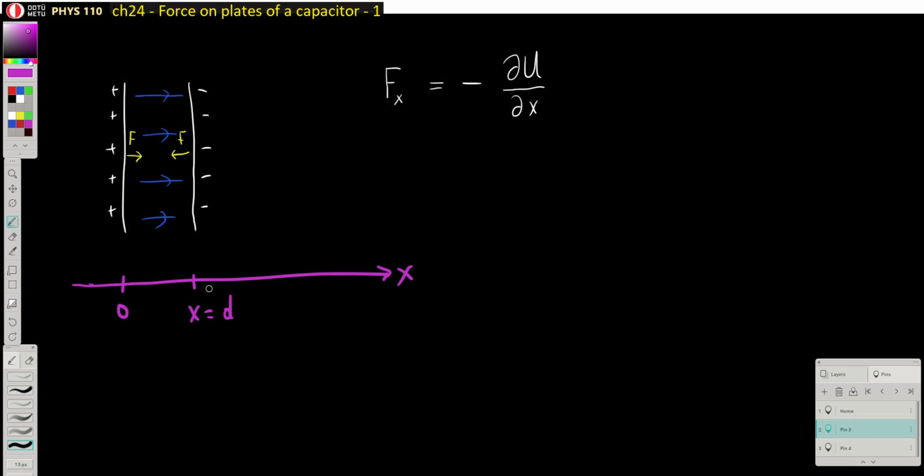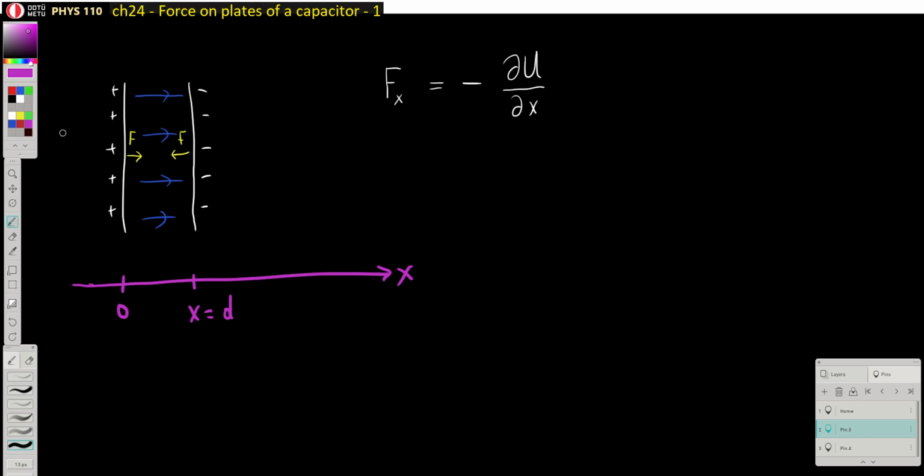I'm going to use x in here because I would like to use this expression in here. So for a while, instead of the variable d, I'm going to use the x variable. For now, I'm going to call all the separations x.